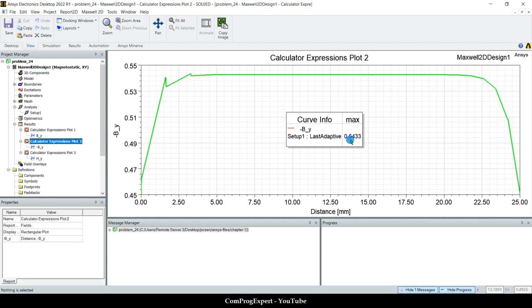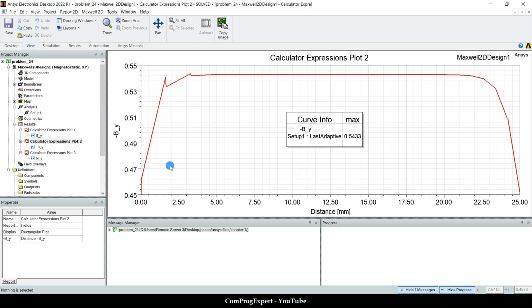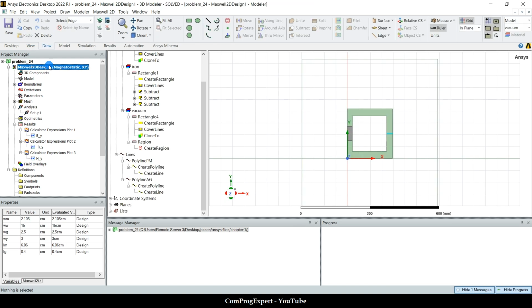And the same for the maximum or average value of the flux density in air gap. Here the maximum value is 0.54, but here the assumption is to have 0.8 Tesla in the air gap. The reason is leakage flux.